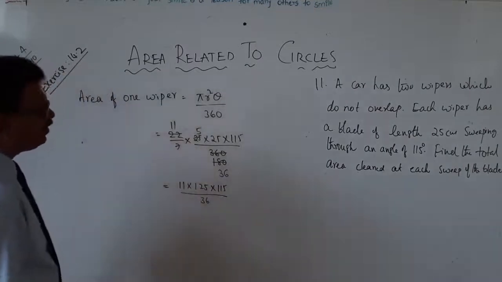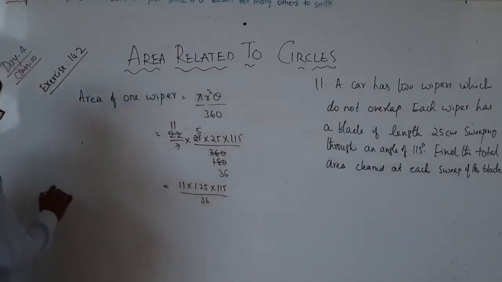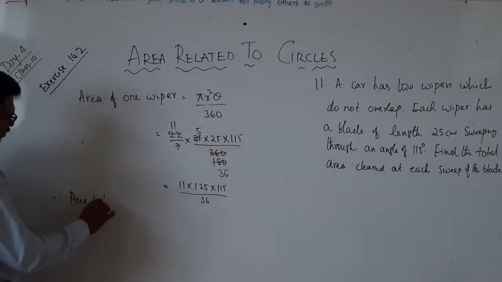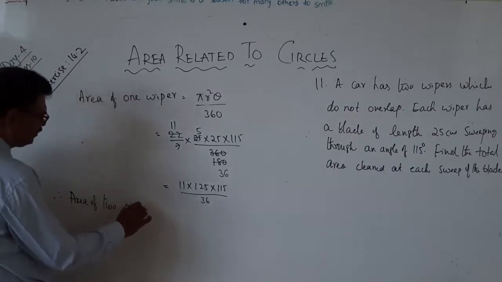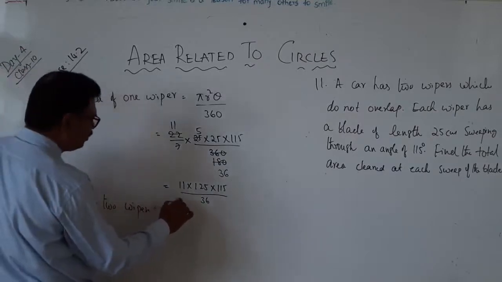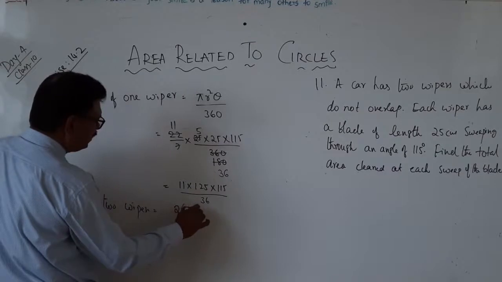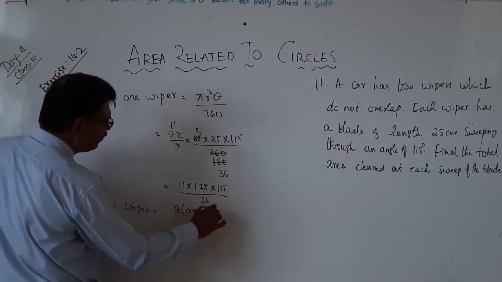This is one area. Therefore, the area of two wipers is equal to 2 into the area of one wiper.